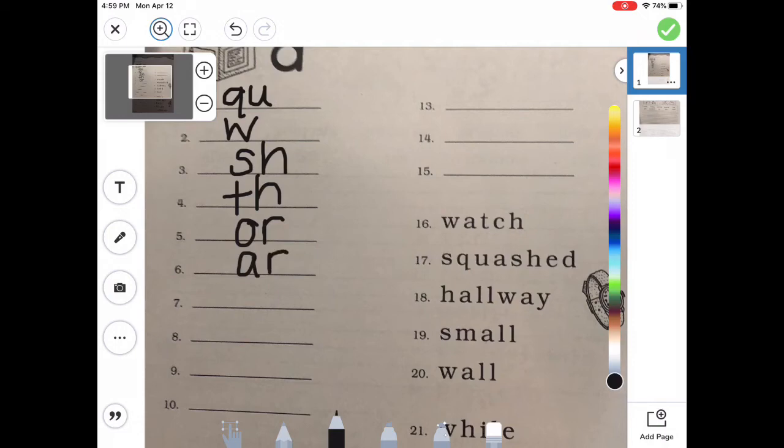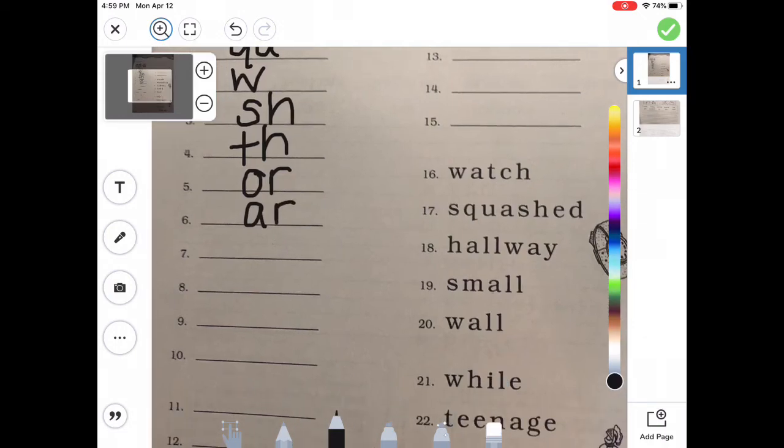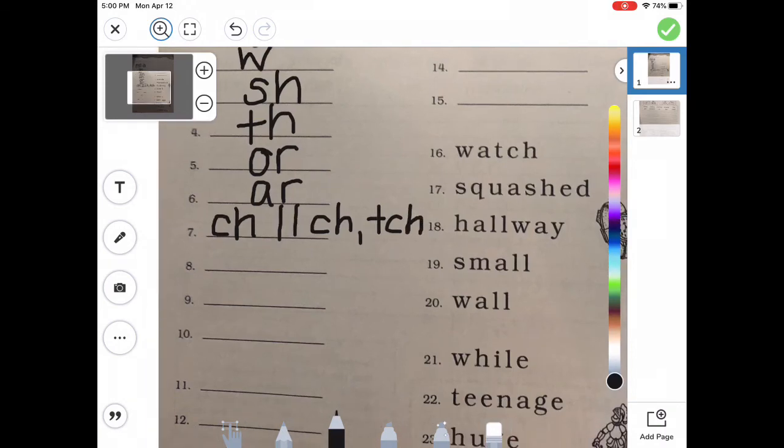That's right, it's got that silent A. All right, what if I want to spell the ch sound? Ch. That's right, it's CH, but then remember we learned it can be CH or trigraph TCH at the end. Okay? What about the sound?